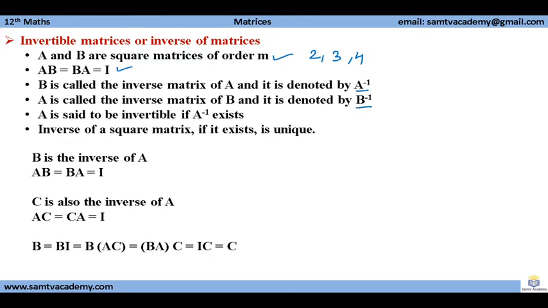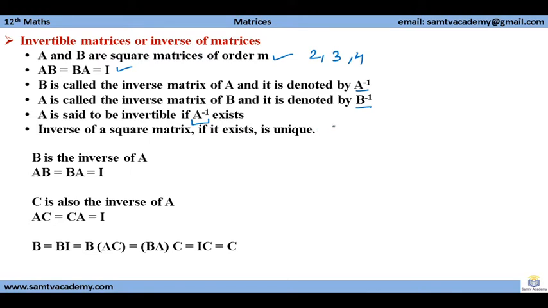A is said to be invertible only if A inverse exists. It can be said to be invertible only if an A inverse exists for that matrix. And the inverse of any square matrix, if it exists, is unique.